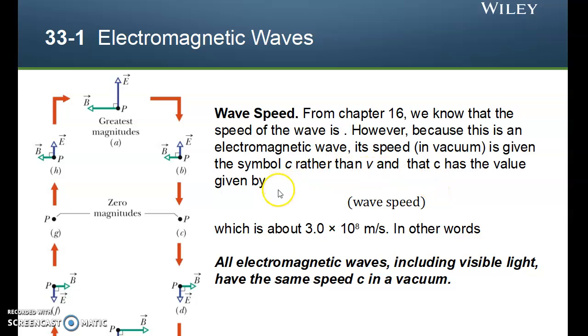And c equals 1 over the square root of mu 0 epsilon 0, where mu 0 is the permeability constant and epsilon 0 is the permittivity constant. I believe that's equation 33-3 on page 975. So all electromagnetic waves, including visible light, have the same speed c in a vacuum.